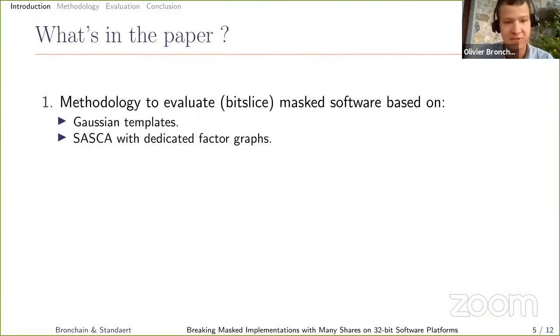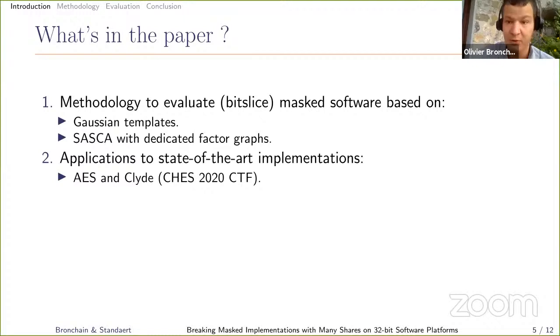So what's in the paper? Basically, we have a methodology to evaluate masked bitslice implementations, which relies on some old-fashioned tools that are Gaussian templates, dimensionality reduction, and some SASCA with a dedicated factor graph. We apply that to AES and Clyde, which is a lightweight block cipher.